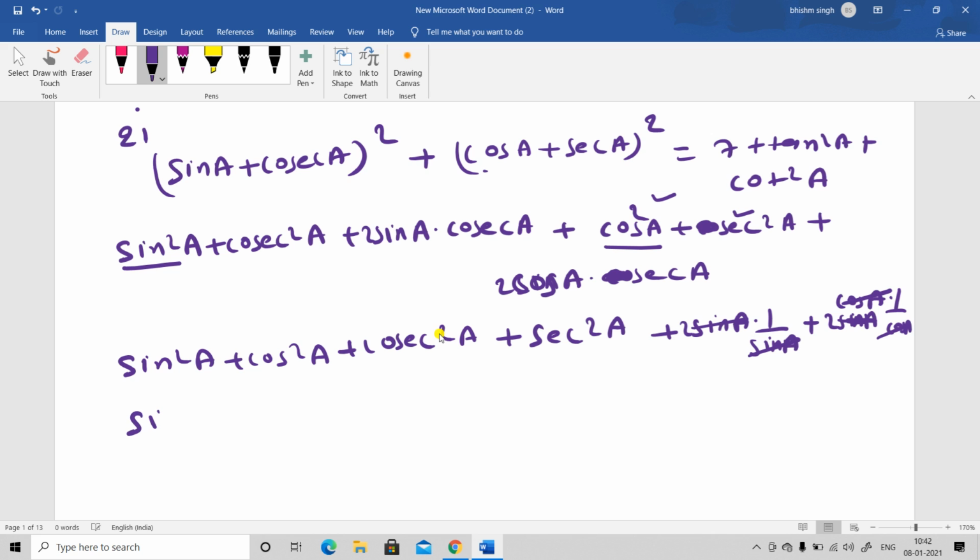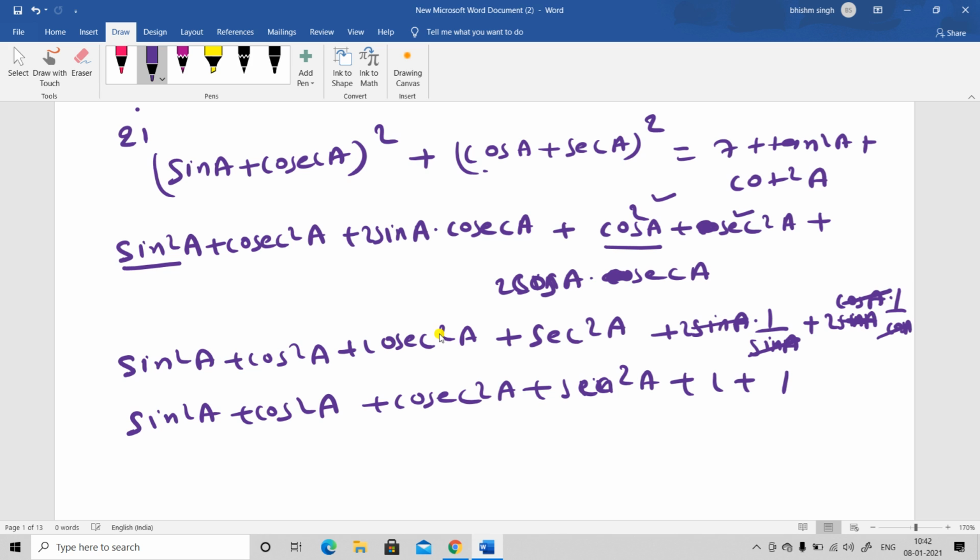So this is sin square A plus cos square A plus cosec square A plus sec square A plus 2 plus 2, which is 4. Sin square A plus cos square A is equal to 1.